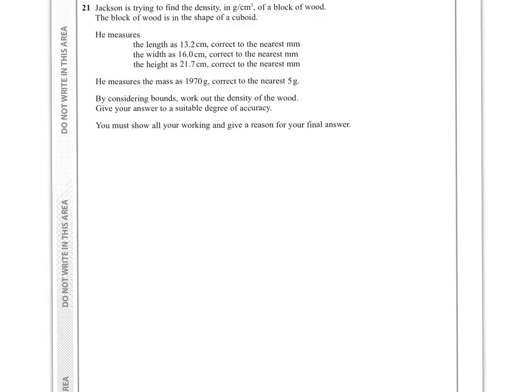Question 21. Jackson is trying to find the density in grams per centimetre cube of a block of wood. The block of wood is in the shape of a cuboid, and all the dimensions are given, and it says the length is given as 13.2 centimetres to the nearest millimetre. And don't forget, a millimetre is 1/10 of a centimetre.